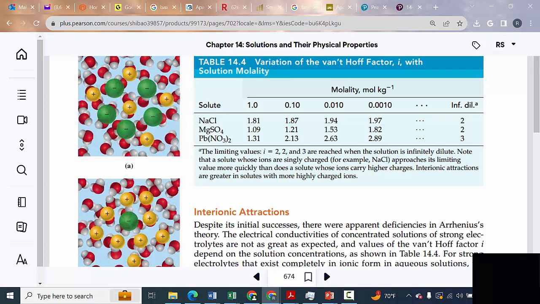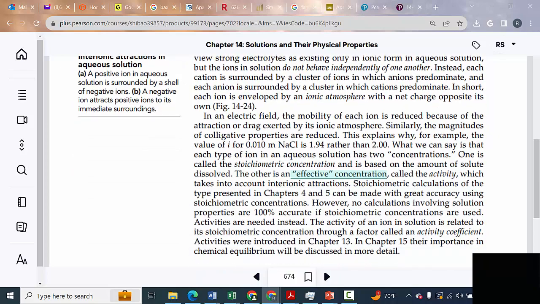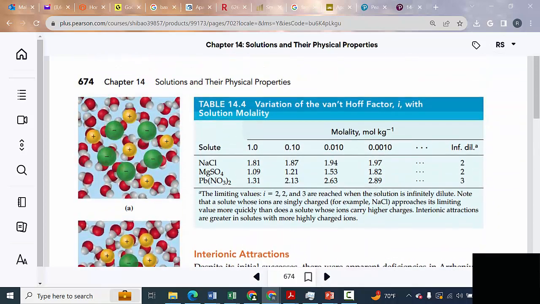These pairing interactions are really significant, so the H plus can't behave individually and neutralize bases. Section 14.9, less than 2 pages, is good to read again.